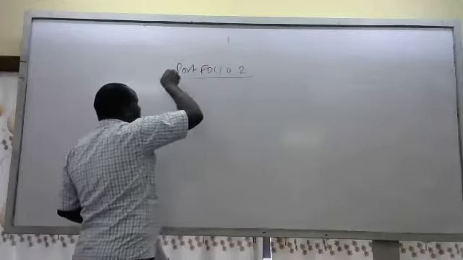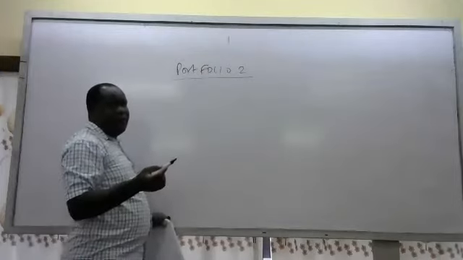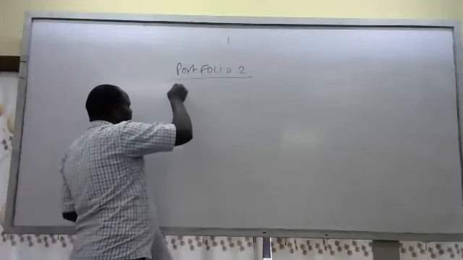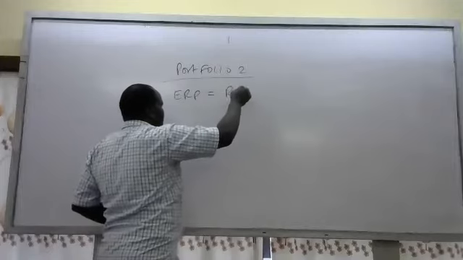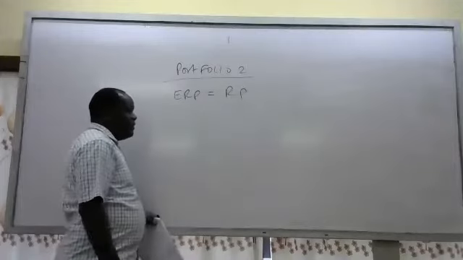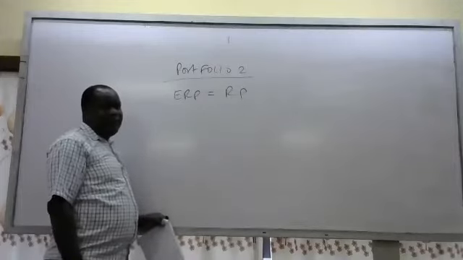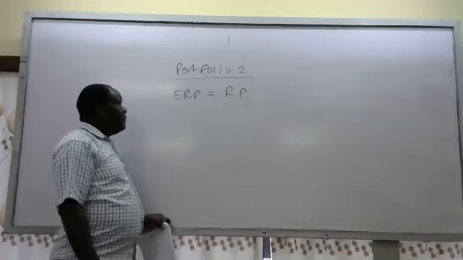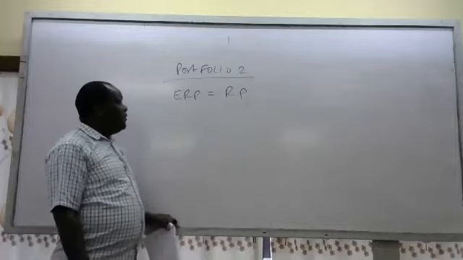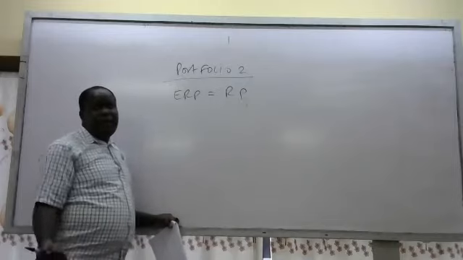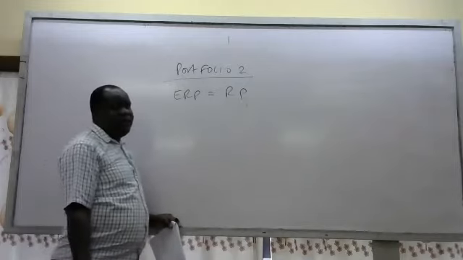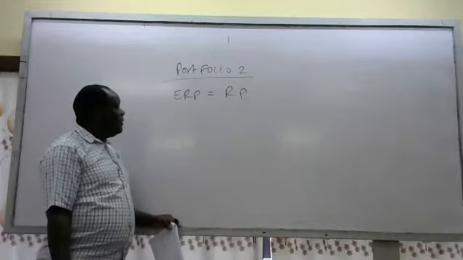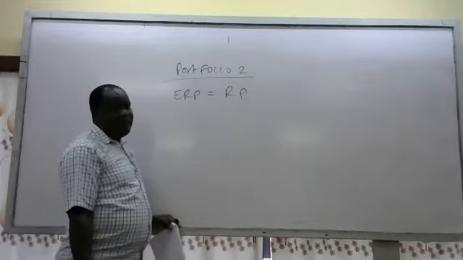For the portfolio to be efficient, expected return of the portfolio must be equal to the return of the portfolio. So what are we given as expected return for portfolio 2?